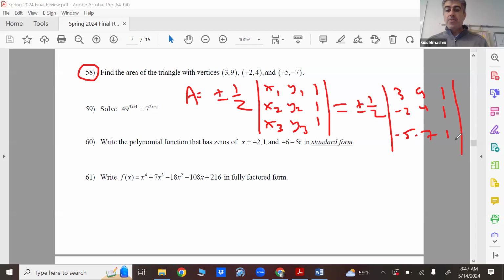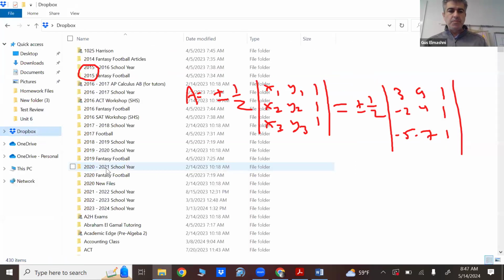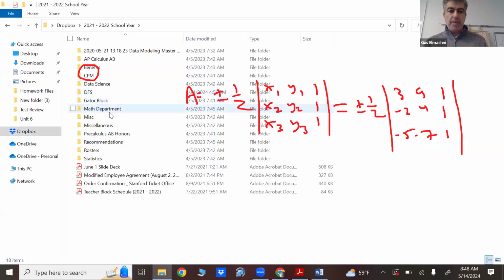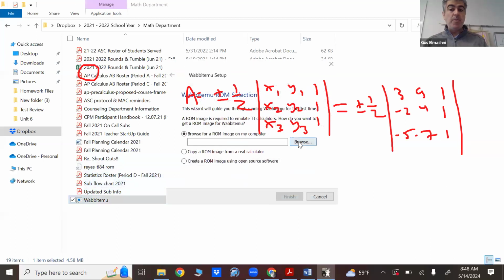Now the determinant's a matrix operation, and here's how you access it in the calculator. And it's a recording, so you guys can watch this again if you need to. Actually, in fact, I would suggest that you do watch this again.